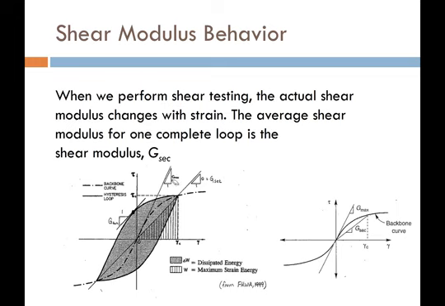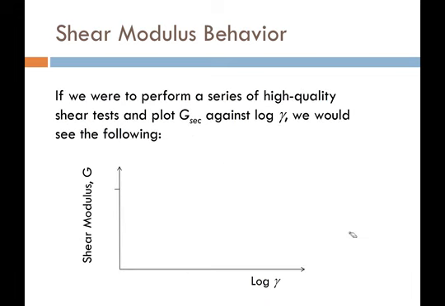And the ratio of those two gives us the, well, that doesn't look very good. Let's try this again. The damping ratio. I'm not very good at drawing those Greek letters, unfortunately.